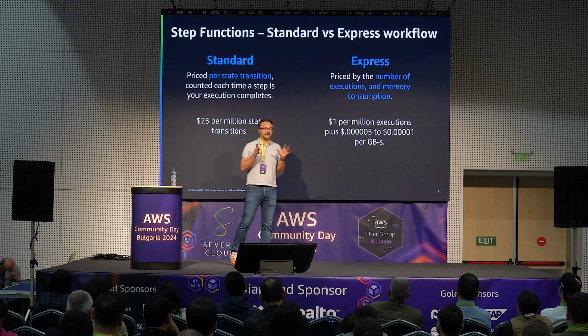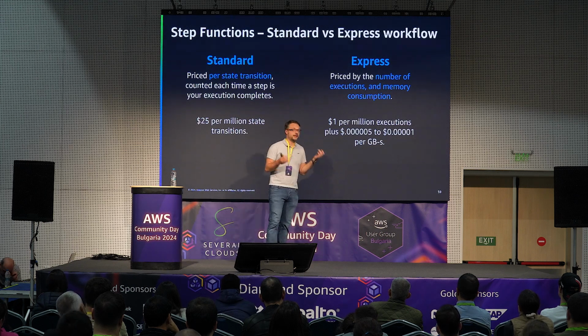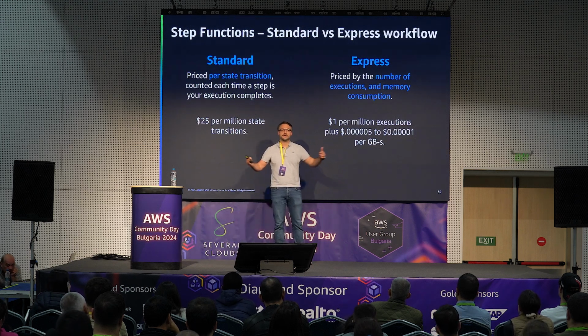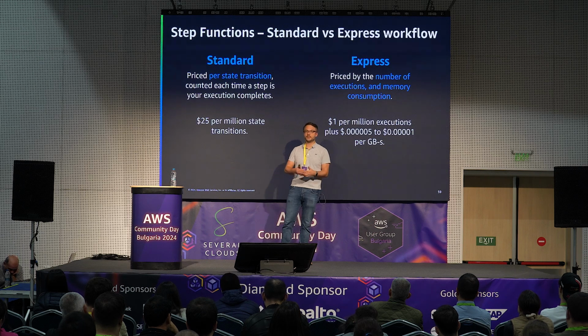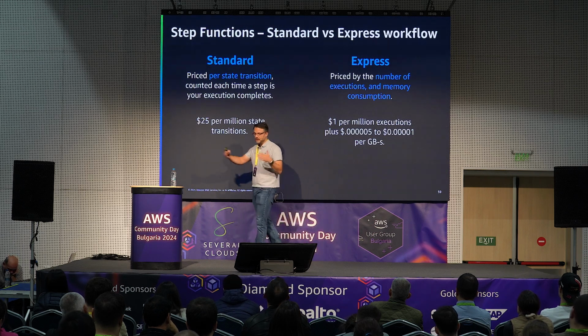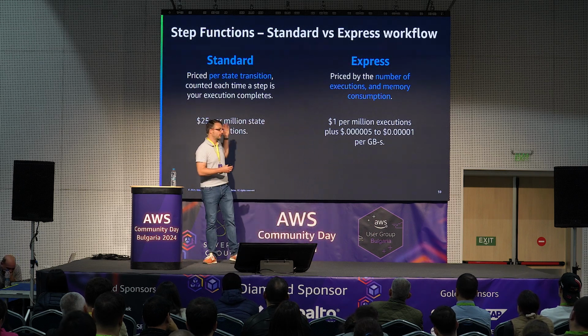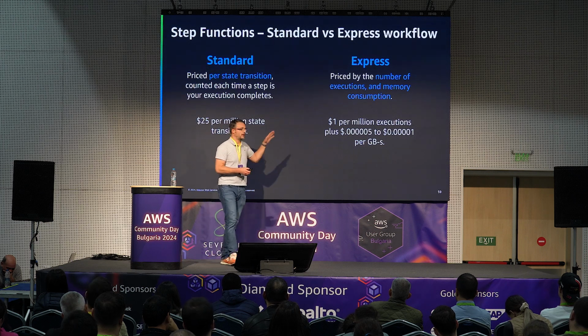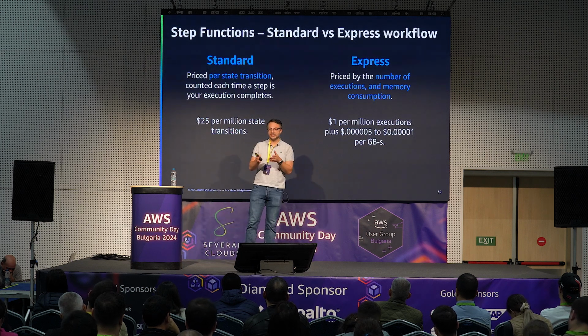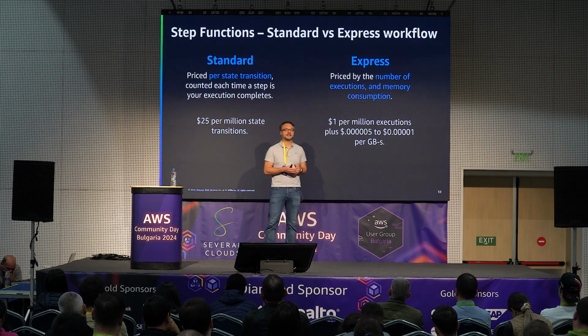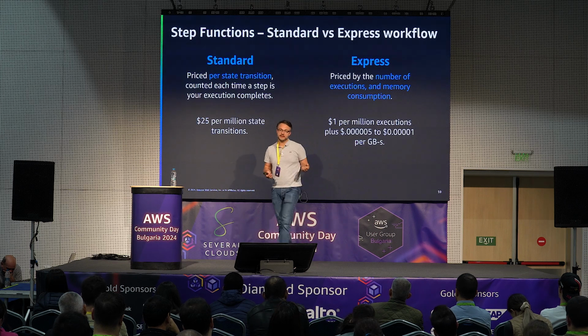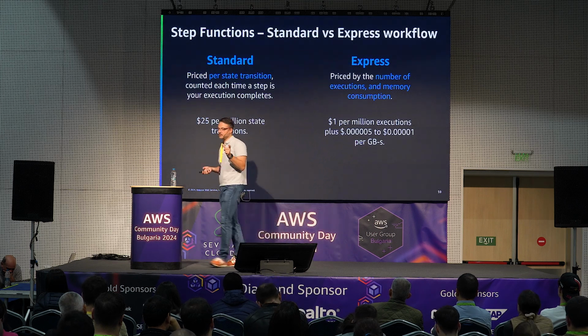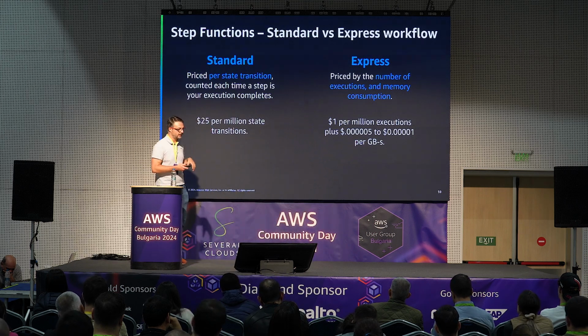But there are other differences. Standard may run up to 1 year. So if you have a long running process that you want to orchestrate, you can go with Standard. If you're orchestrating short running things, Express can run up to 5 minutes.